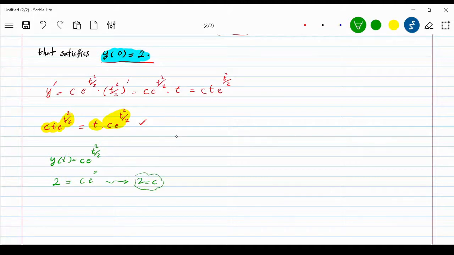If I find c, then I can say the particular solution would be y is 2 instead of c, e to the power t squared over 2. This is the particular solution that solves that initial value problem.